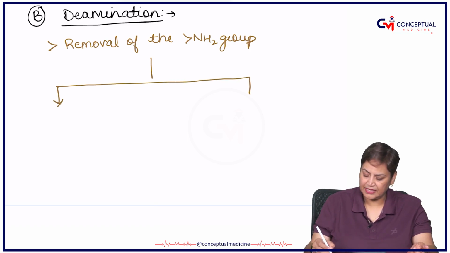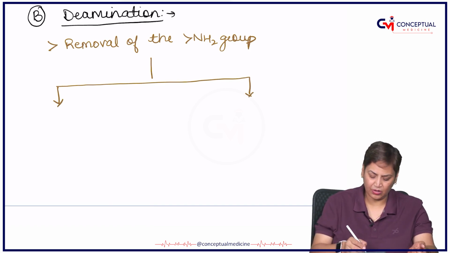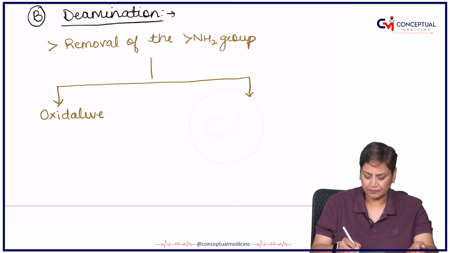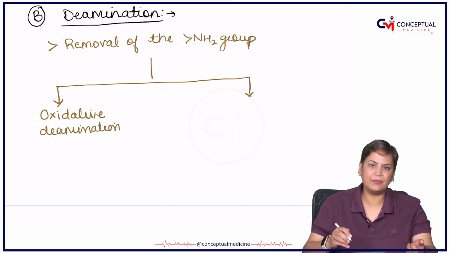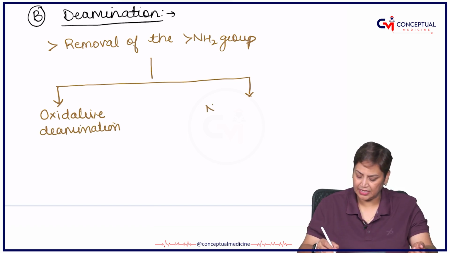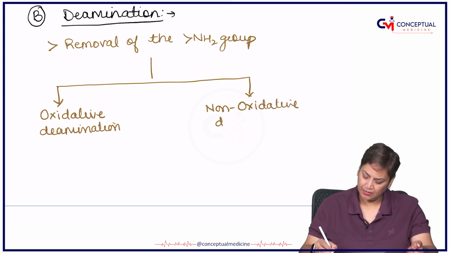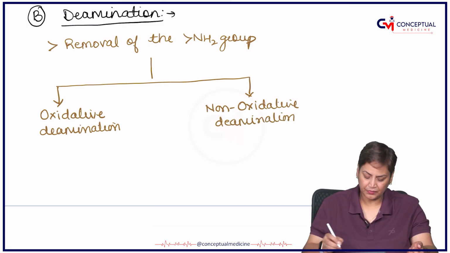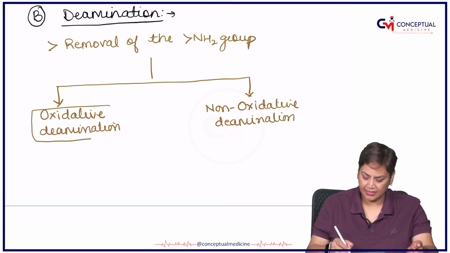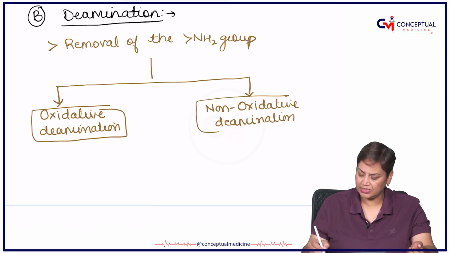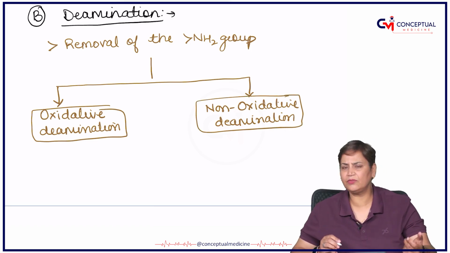If it takes place in the presence of oxygen, we call it oxidative deamination. And if it takes place in the absence of oxygen, it is known as non-oxidative deamination.